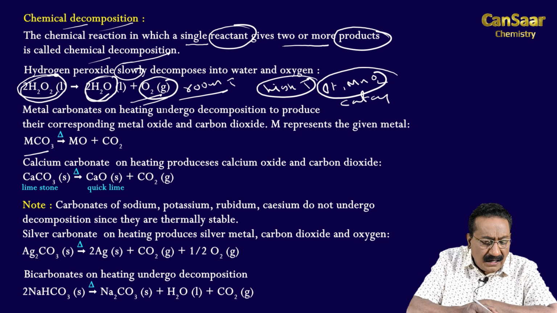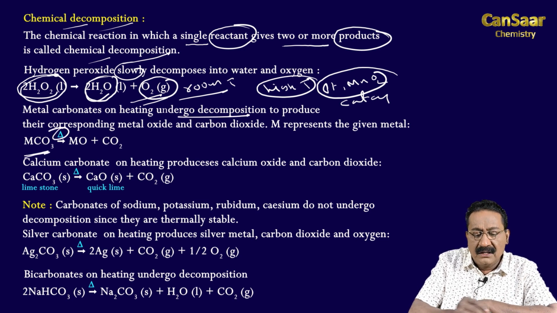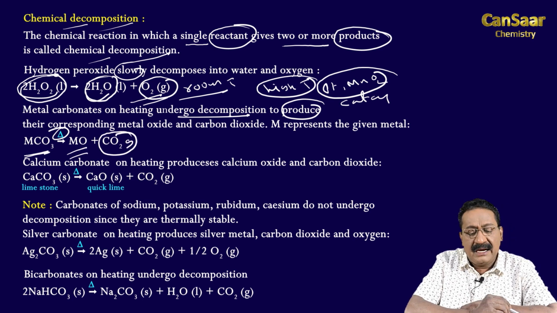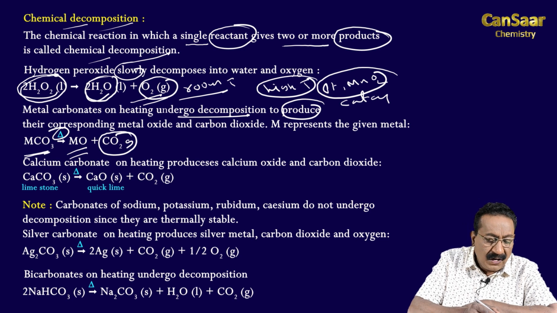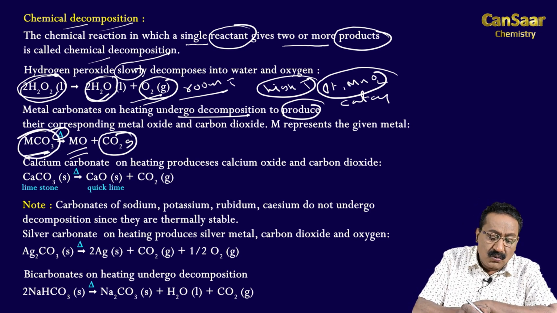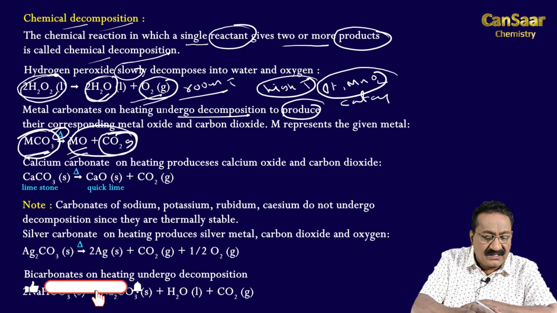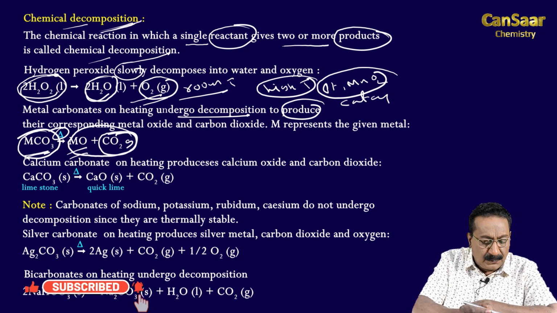Similarly, metal carbonates on heating undergo decomposition to produce metallic oxide, and carbon dioxide gas is liberated. So, here one reactant, metal carbonate, gives two products, metallic oxide and carbon dioxide gas, which is chemical decomposition.